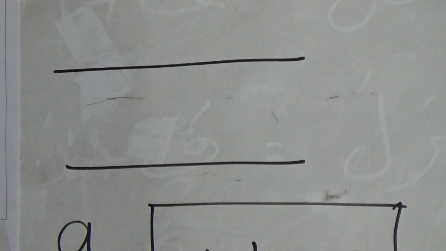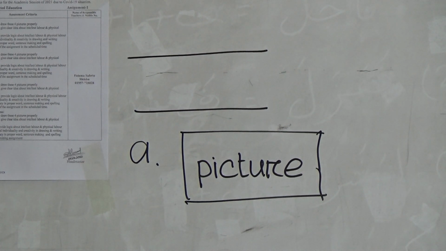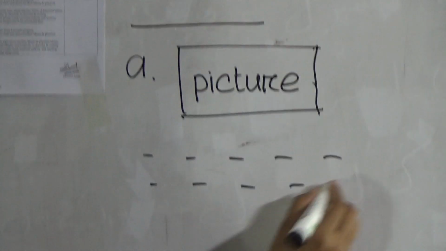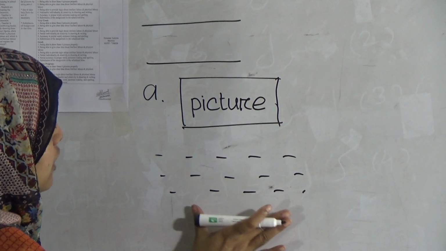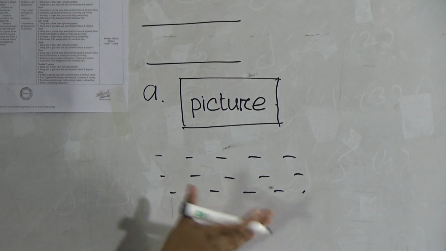You will draw a picture based on students studying in the school library, and then you will explain whether it is physical labor or intellectual labor. You have to explain whether the picture shows intellectual labor or physical labor.